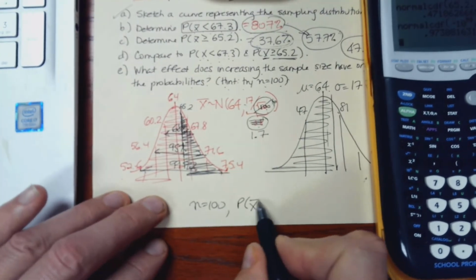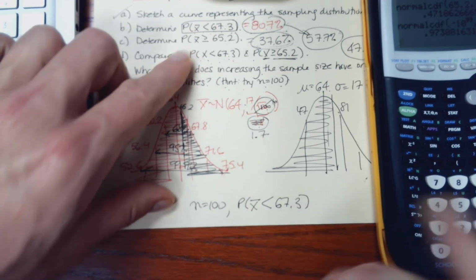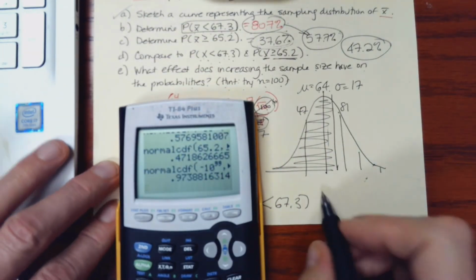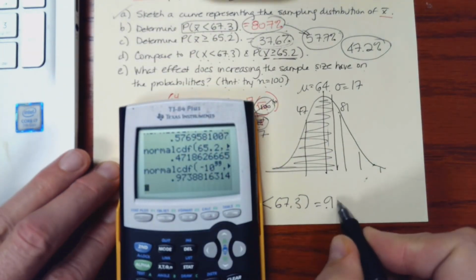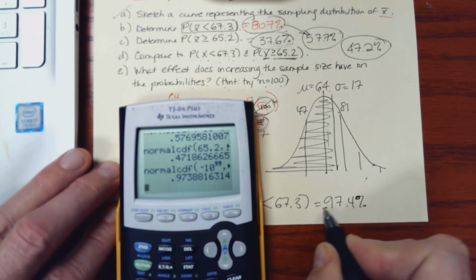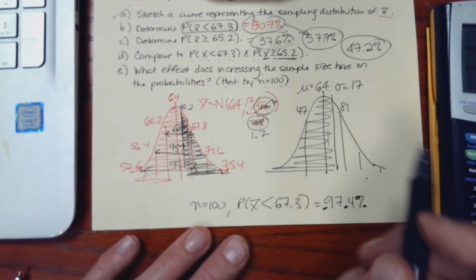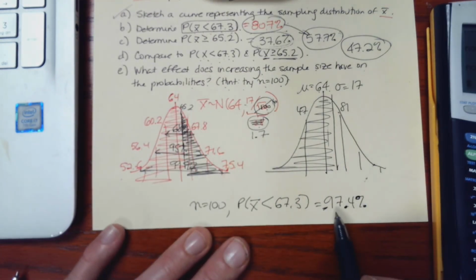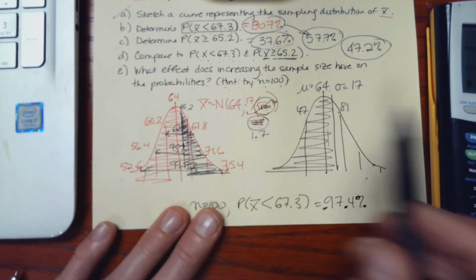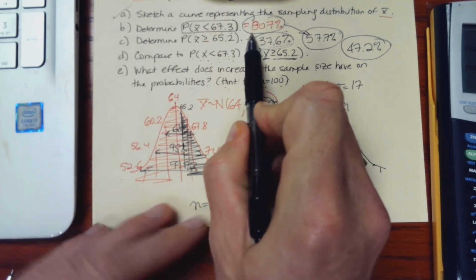the probability that x bar is less than 67.3 is now 97.4%. I should have put a decimal there. It's 97.4%. So it went from 80% with a sample size of, let's see, what was that?